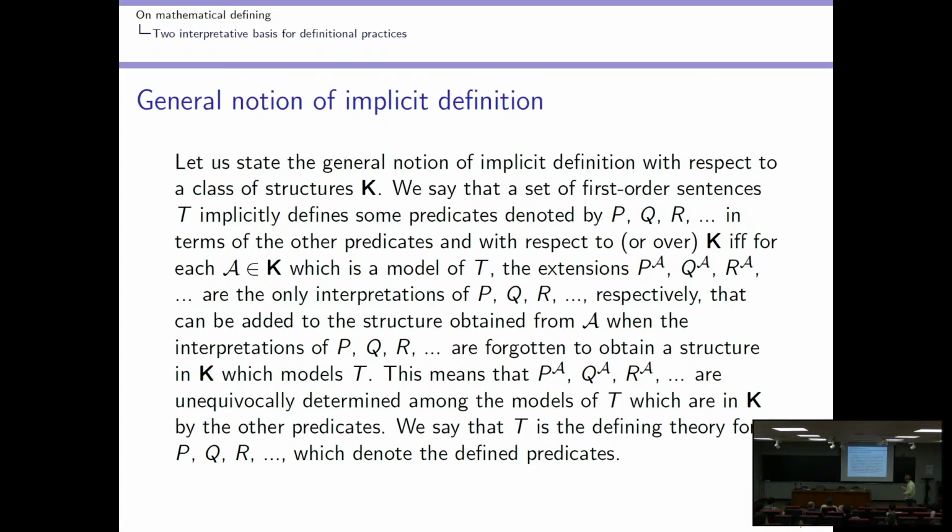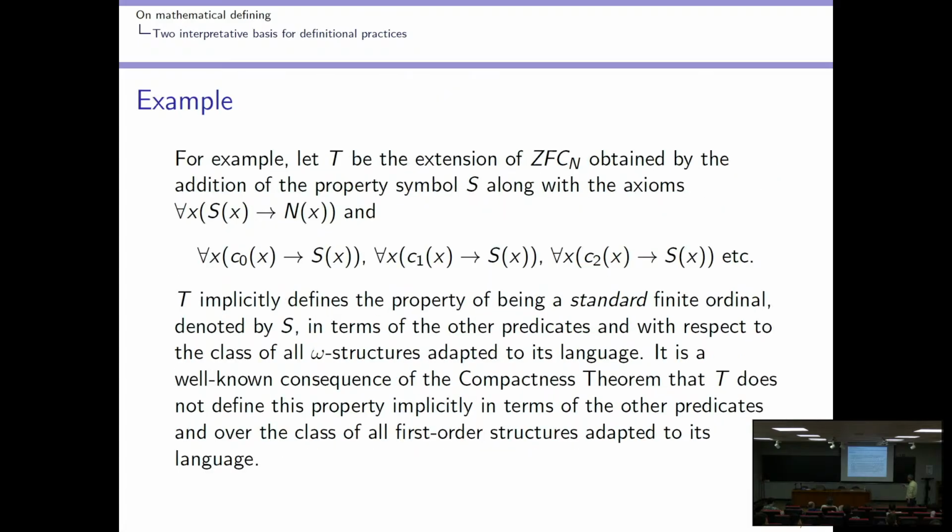So this is an implicit definition when K is taken to be the class of omega structures, and is not an implicit definition when K is taken to be the class of all general first order structures. So we have more implicit definitions in the omega logic setting.